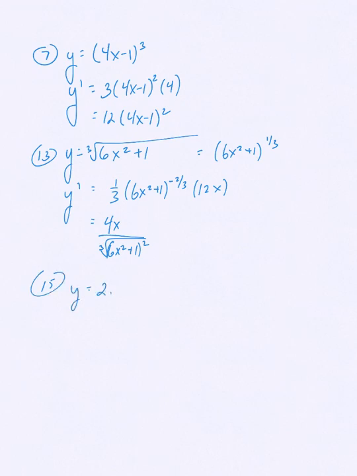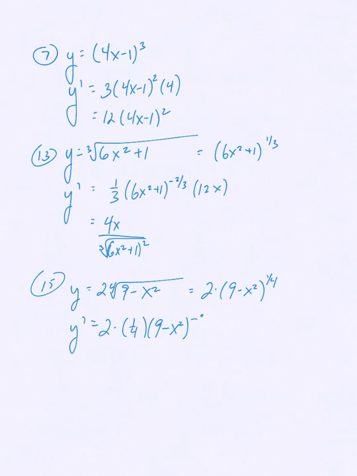15 has another radical, 4th root. I'm going to rewrite this again. So there's a 2 and then a 1/4. So the derivative, we're leaving the 2, 1/4 in front, subtract 1, multiply by the derivative of 9 minus x squared, which gives us negative 2x.